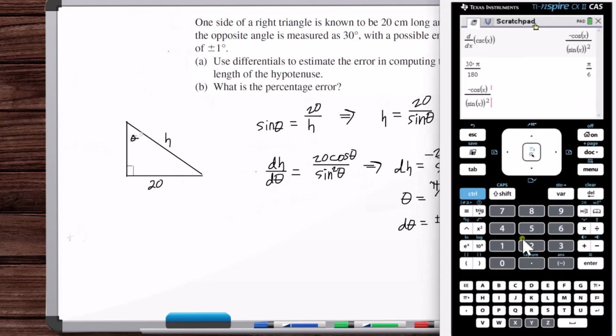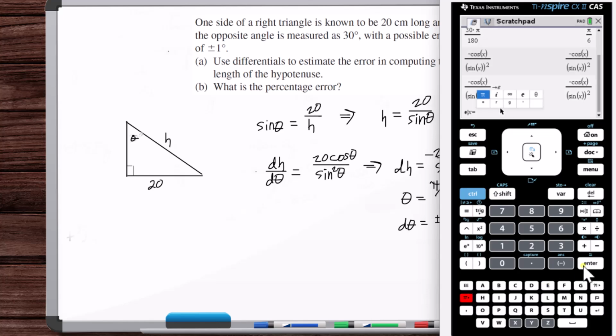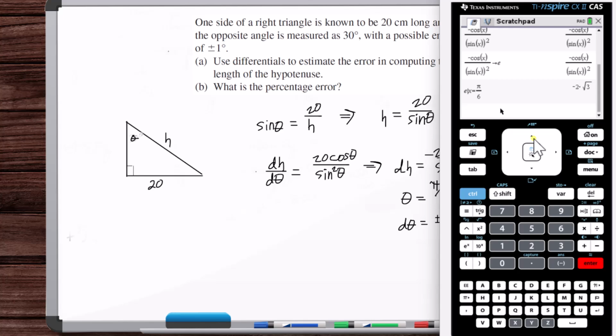What we can do is make this a variable e, and now we want to evaluate e at x is equal to pi over 6, minus 2 root 3. Okay, now times pi over 180.